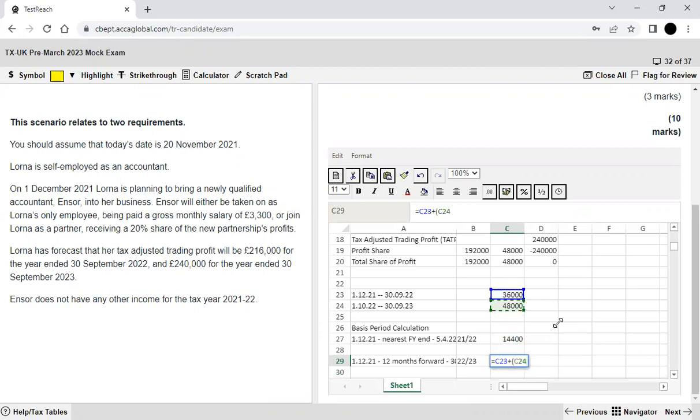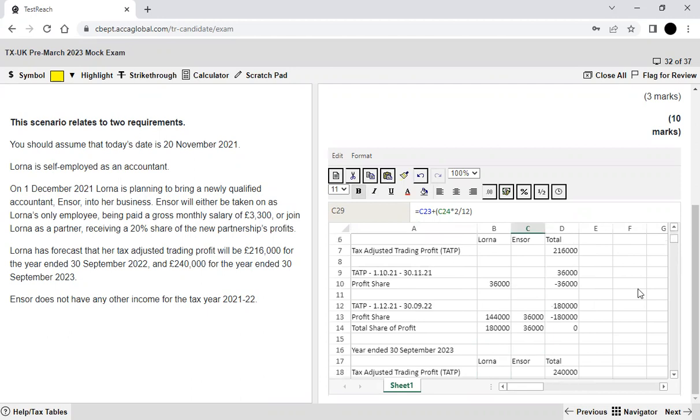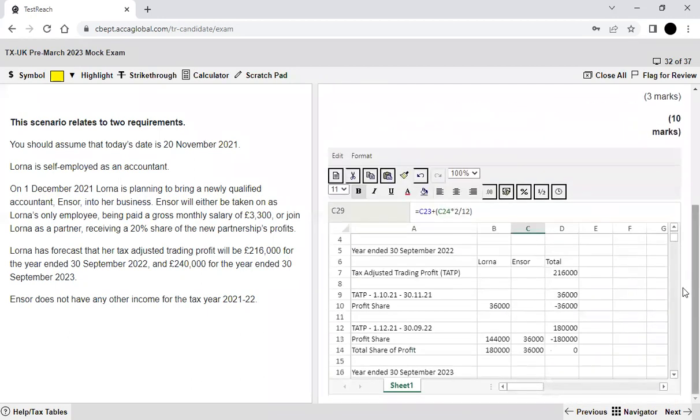Then for the remaining 2 months, 48,000 multiplied by 2 divided by 12. So the remaining profit amounts to 44,000. So this is basically the trading income assessments for Ensor. So this is part 1.